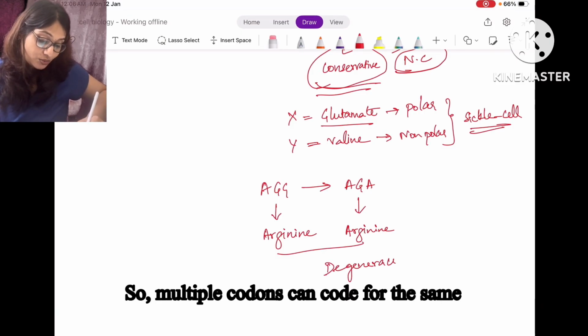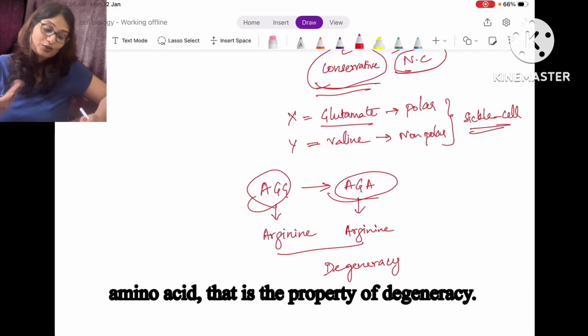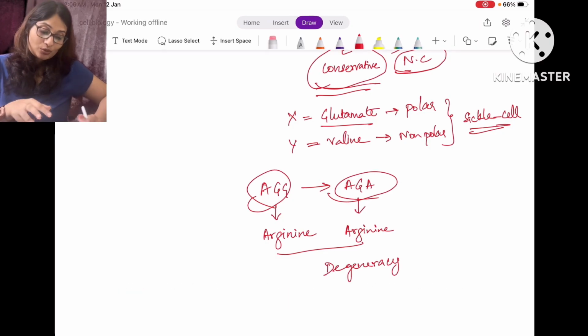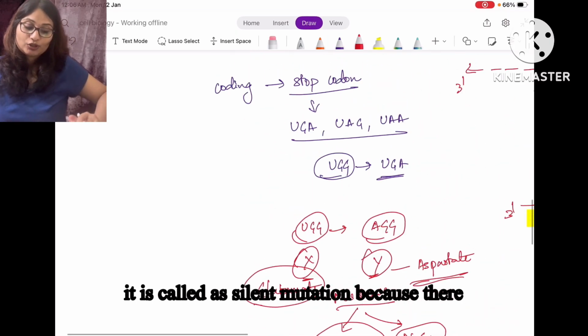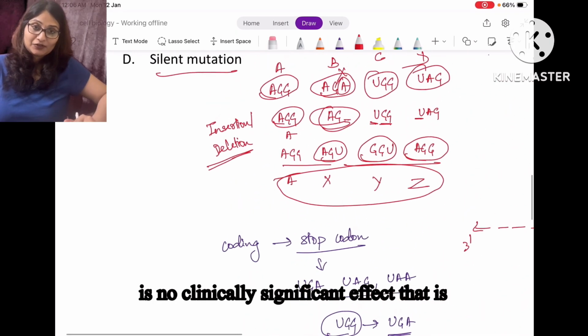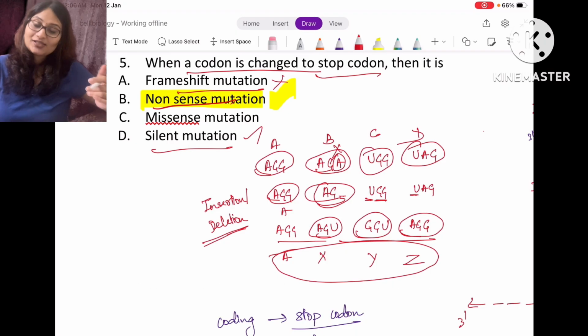Okay, so multiple codons can code for the same amino acid. That is the property of degeneracy. So if this results in such a condition, then it's called silent mutation, because there is no clinically significant effect that is happening. The amino acid is also the same, so that's called silent mutation.